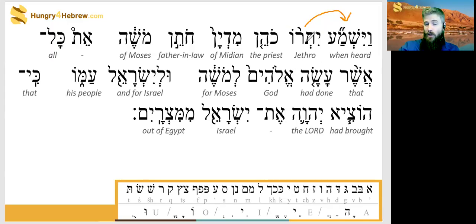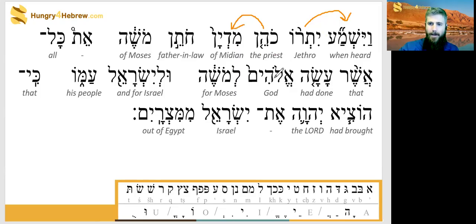The word extra is a great translation. Yitro, his excessiveness. This almost reminds me of his highness, like a king, but he's not a king. He's a Kohen, a minister or priest of Midian.